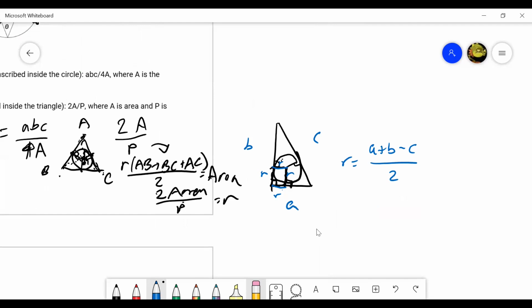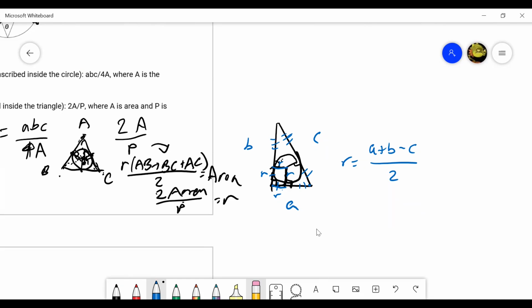The reason why this works is from the two tangent theorem using the 3 vertices of the triangle and the incircle: we see that this length equals this length, and this length is the same as this. And we also have R and R here, right?